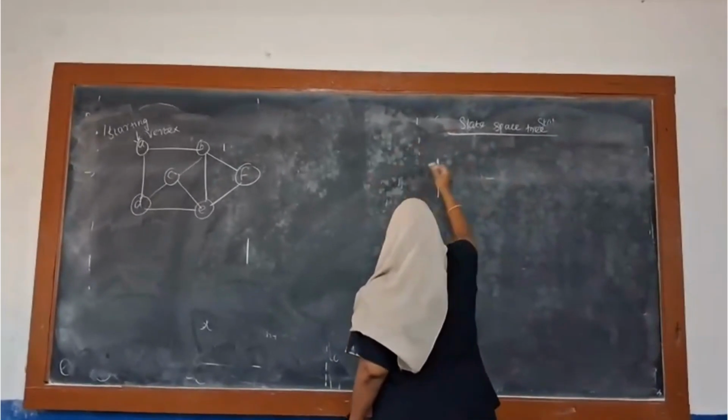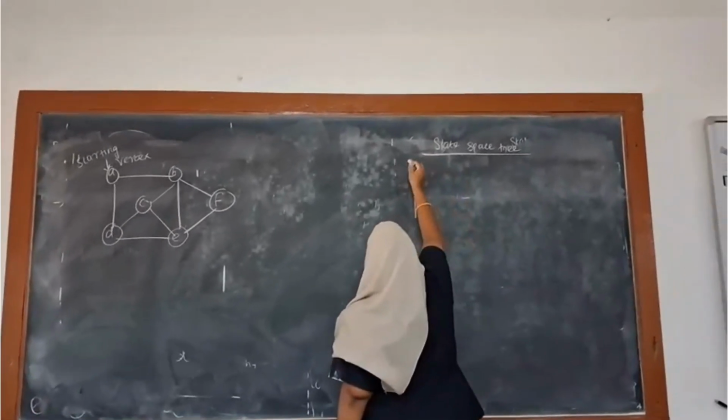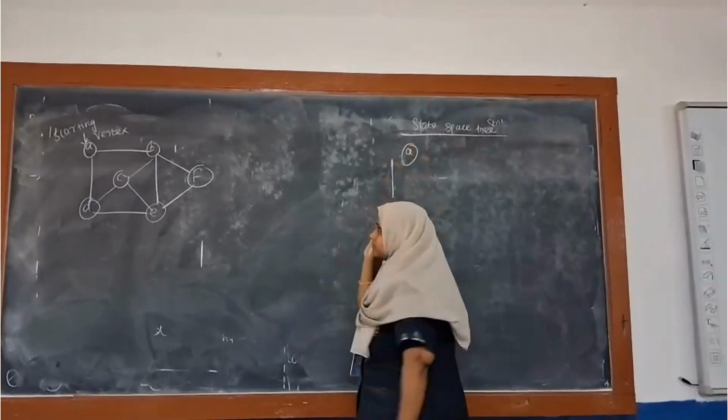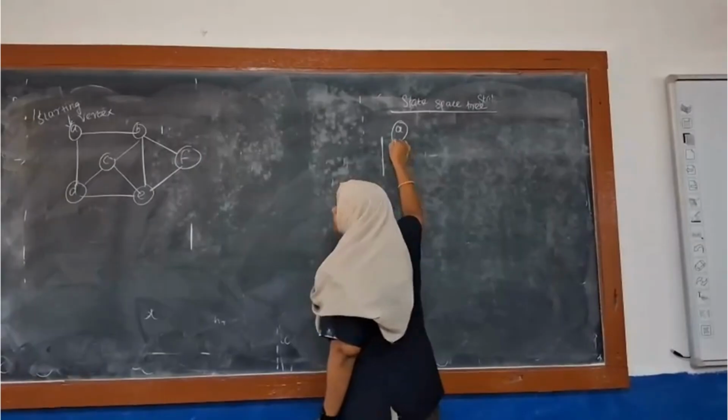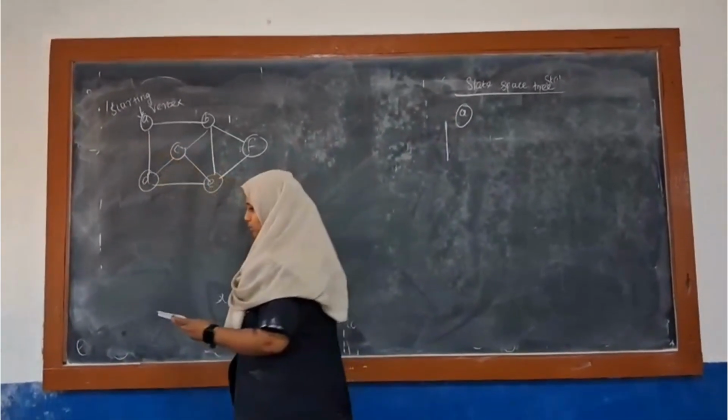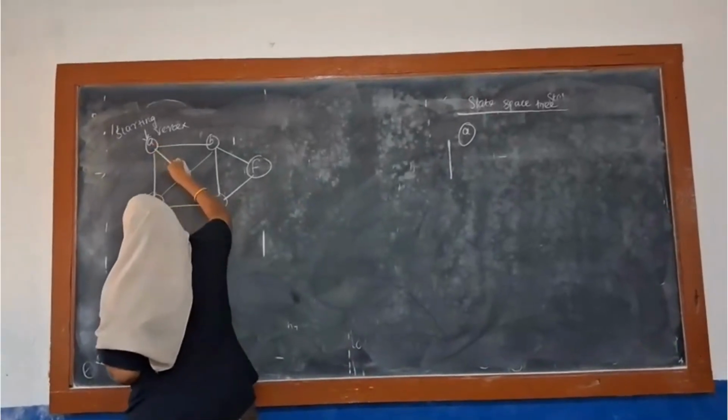So what is the starting vertex I have taken? The starting vertex is A. So from A, you can go wherever you are able to go.